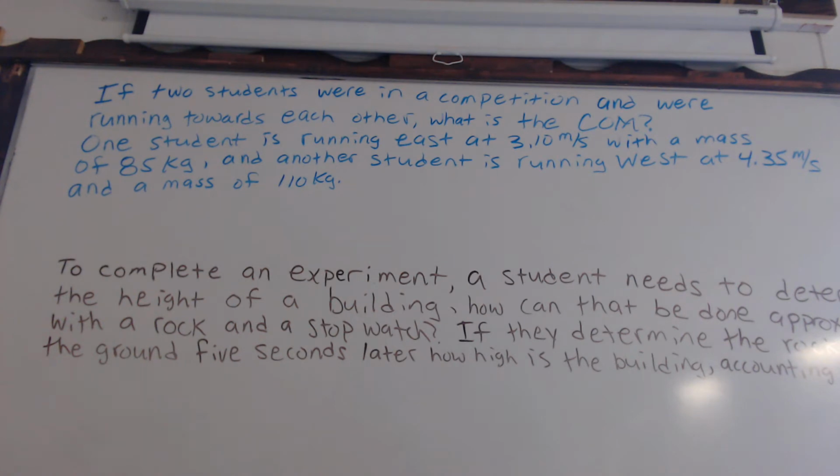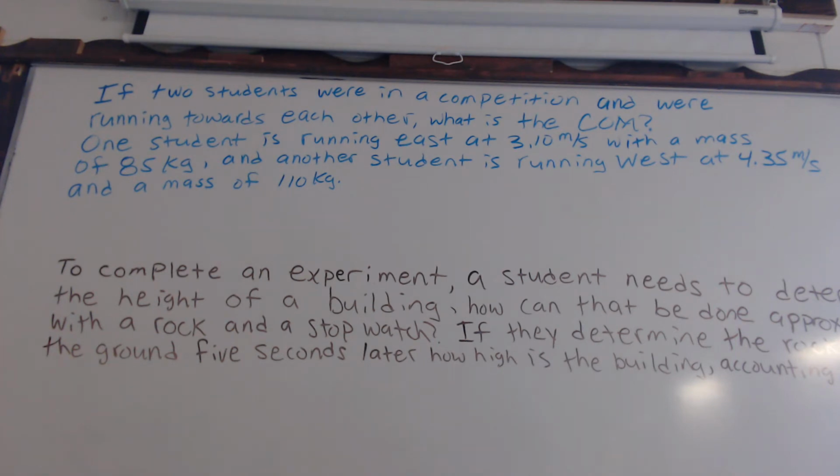The other student is running west, moving at 4.35 meters per second, and has a mass of 110 kilograms. I want you to describe what the momentum is of each student and then what is left over for the conservation of momentum. That's the problem written in blue.